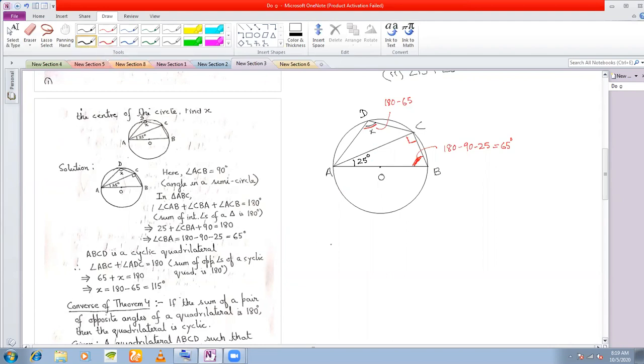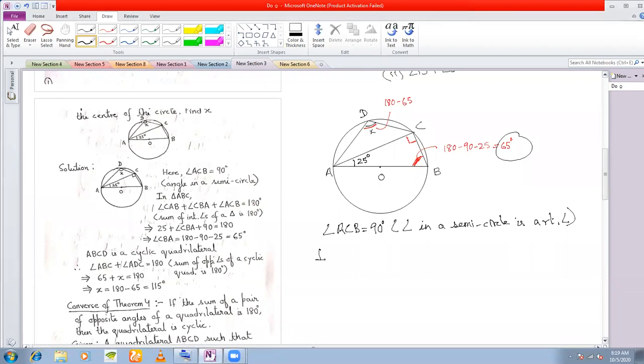Okay. So how will you write? First you will write angle ACB is equal to 90 degree because angle in a semicircle is the right angle. Okay. Now we proceed to find out the 65-degree angle that we have found out.